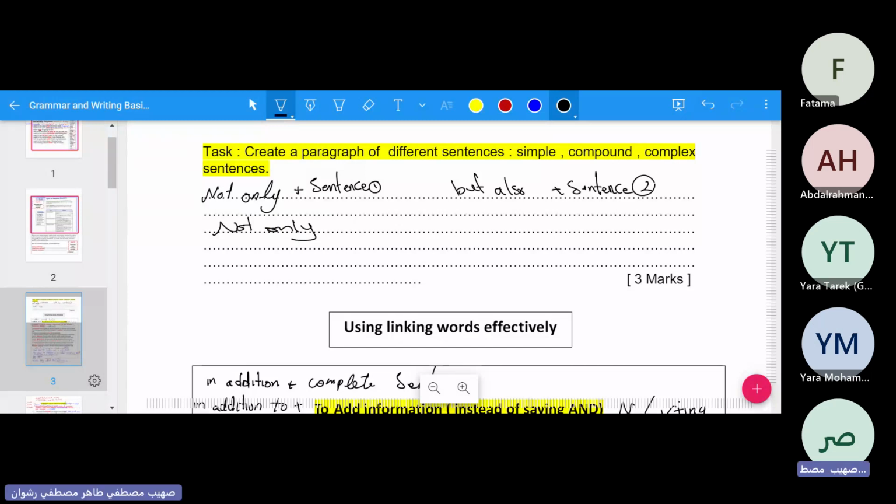Not only they washed their face, but also they ironed their clothes as well.